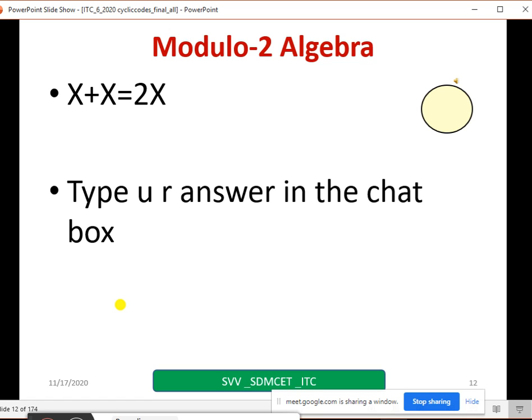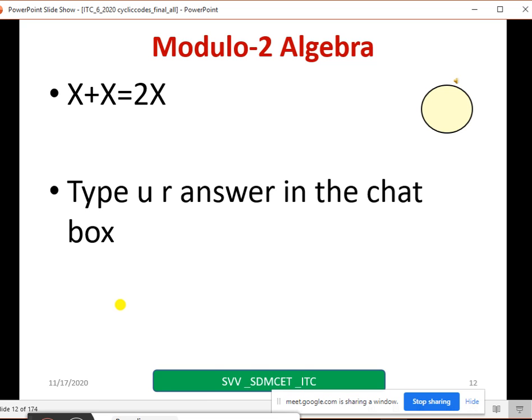Devidas Nayak, very good. I thought somebody would type 2x, but nobody is typing 2x, even though I showed 2x as the answer. Is anybody typing other than 0 for x plus x equal to?